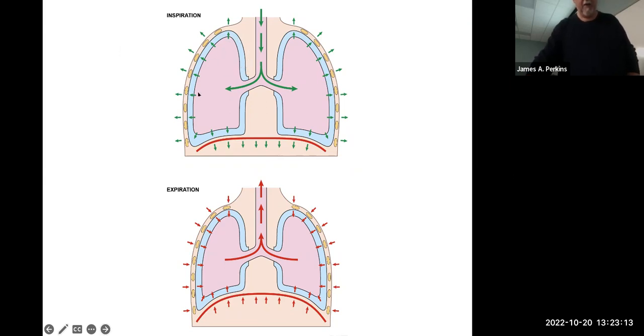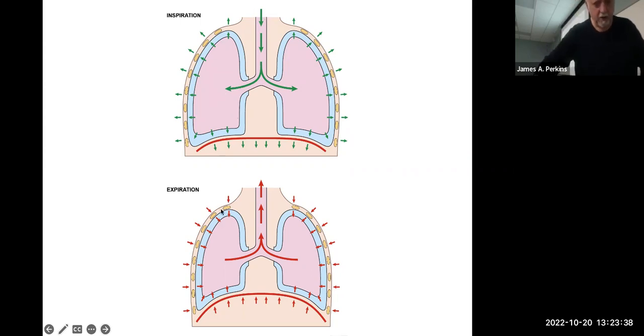So that's essentially creating negative pressure around the outside of the lungs. You've got atmospheric pressure outside of the lungs, as long as you open your mouth or your nose. And so the air pressure outside the body is now higher than it is in the lungs. So air rushes in through the trachea, through the bronchi, into the lungs to fill them up.